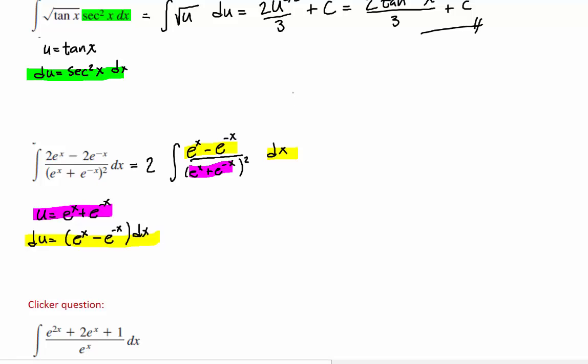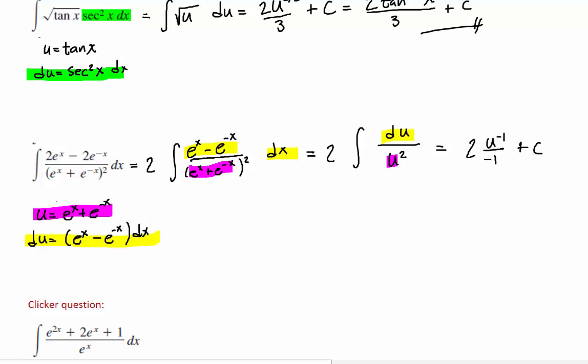So I get 2 times the integral of that yellow stuff becomes du, and this in the bottom becomes just u squared. By the way, I should probably also use colors so you see the end result. The yellow becomes a du, and the pink or whatever that color is becomes a u. So then this is u to negative 2, and then you just copy the 2, u to negative 1 over negative 1, then plus c.